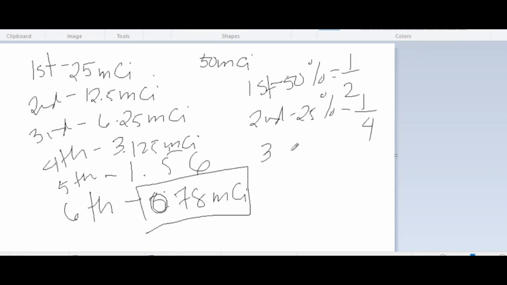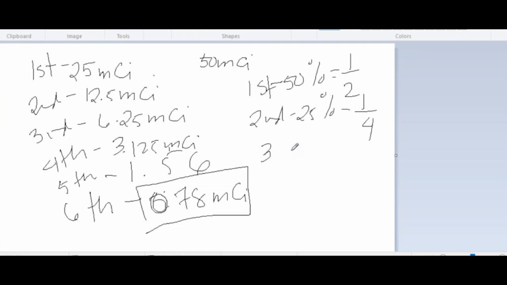The third half-life is 12.5%. So 1/2, 1/4, then 1/8. So 1/8 is our answer.